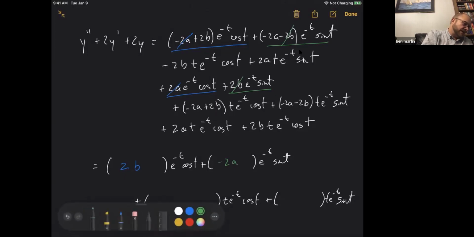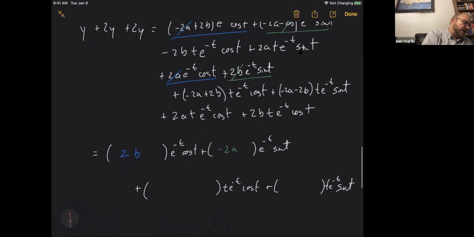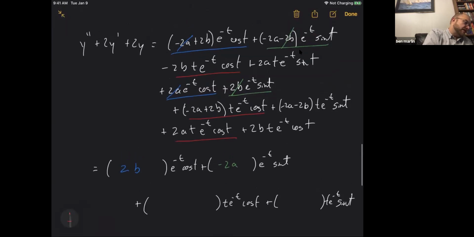And then we're going to get the t e to the minus t cosine t part. So that's here and here and here. So with regard to that, we will have minus 2b.